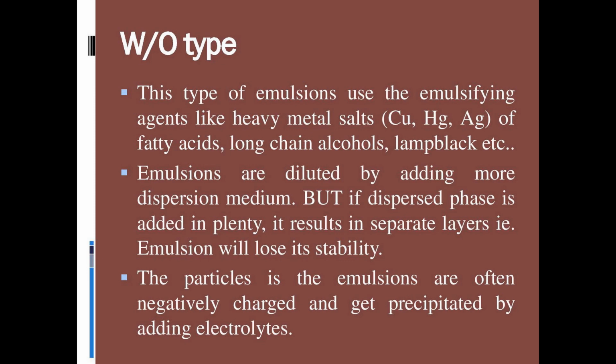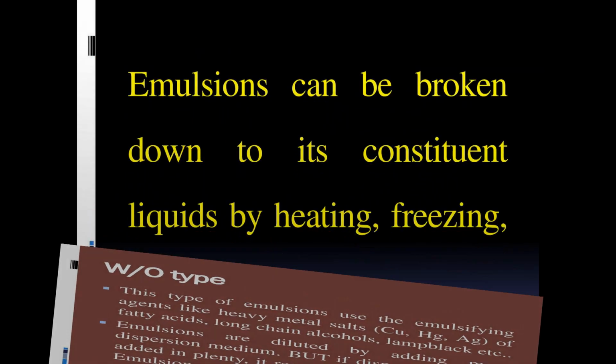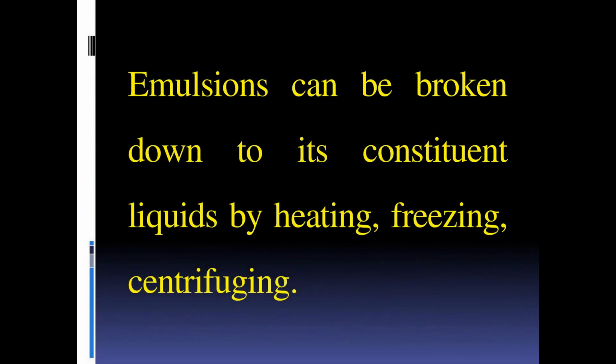This type of colloid uses emulsifying agents like heavy metal salts of fatty acids, long-chain alcohols, and lamp black. Another important property of emulsions is that emulsions are diluted by adding more amount of dispersion medium. But if dispersed phase is added in plenty, it results in separate layers, that is, the emulsion loses its stability.